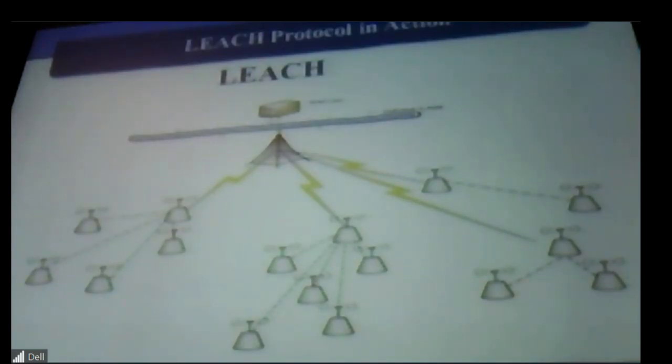As we see, this is the original LEACH protocol, and this is the communication in it. So we want to show you our proposed protocol.